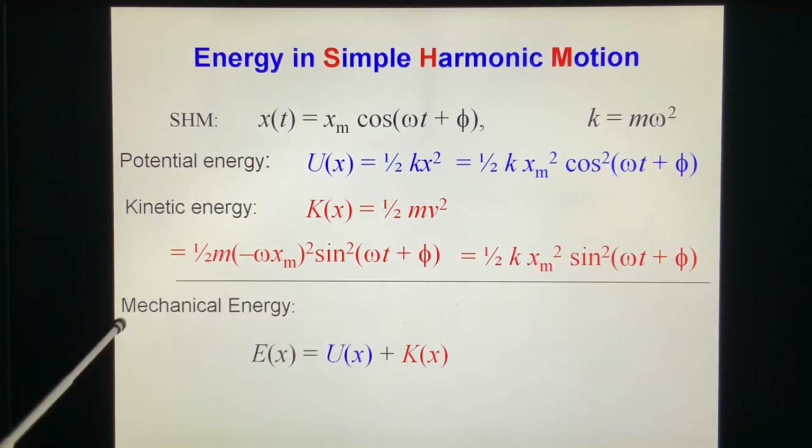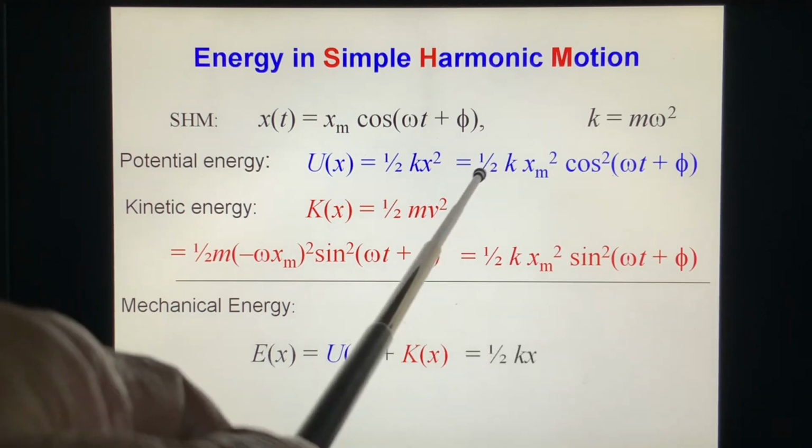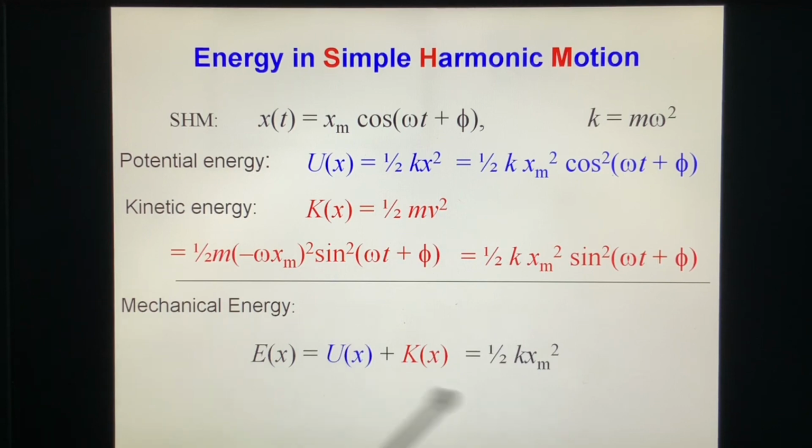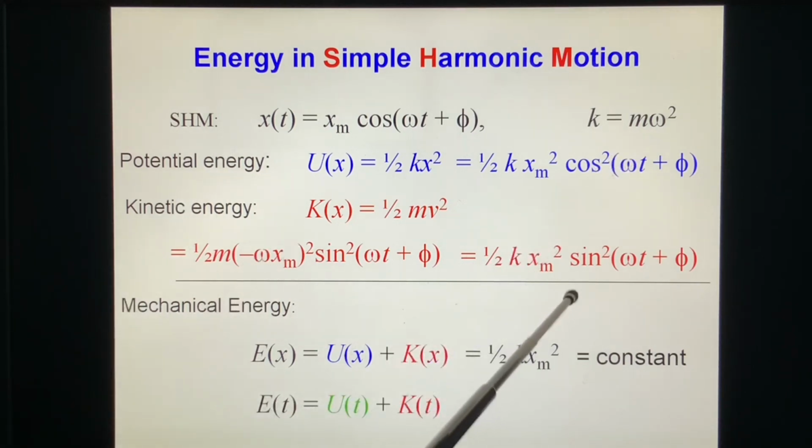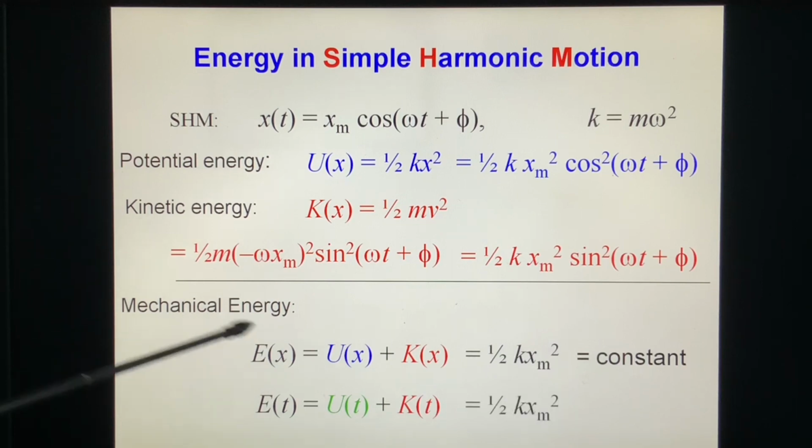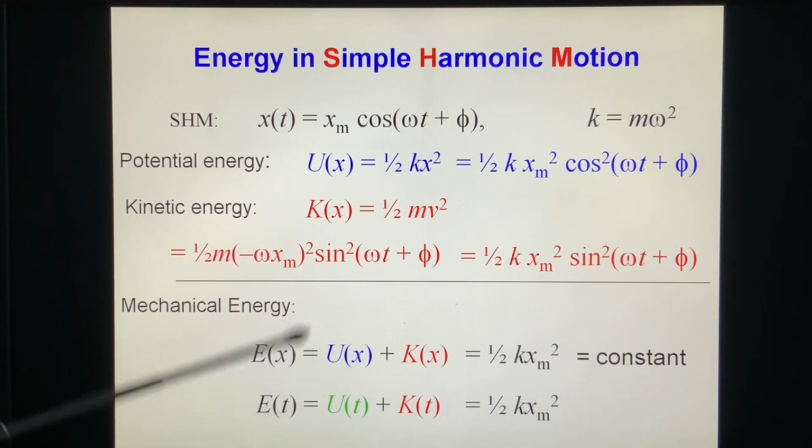So we get mechanical energy at any location x equal to half k x_m squared. Now, this is a constant because this is the maximum. And also we look at the time t: at any time t, it is the same. It's any location, any time. That's constant.